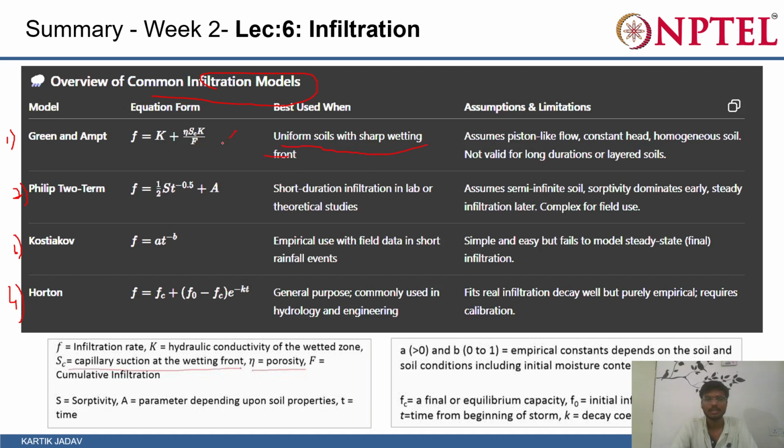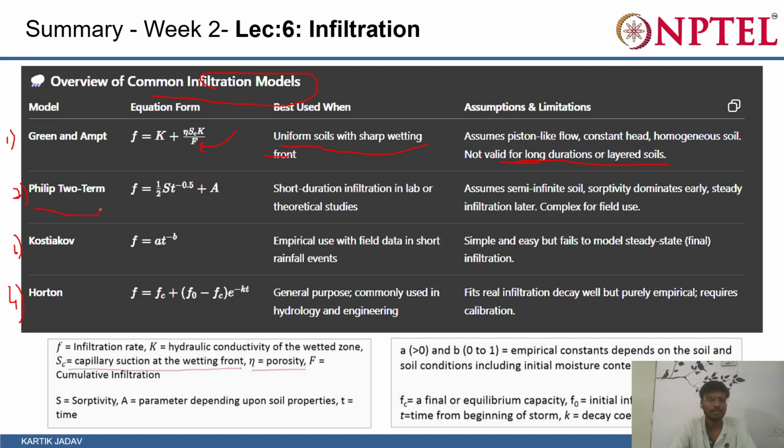Okay, and this is the equation. I'm not going into details, but in the Green and Ampt equation, they assume piston-like flow. Okay, and there is a constant head in homogeneous soil, and it is not valid for long duration or layered soil. So the Green and Ampt equation is generally used for uniform, homogeneous soil, and it does not consider layered soil.